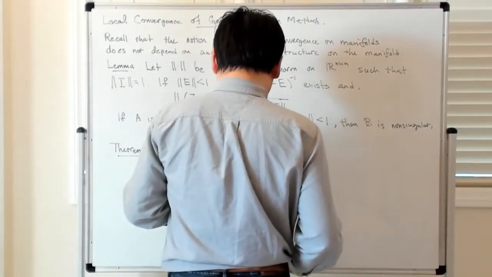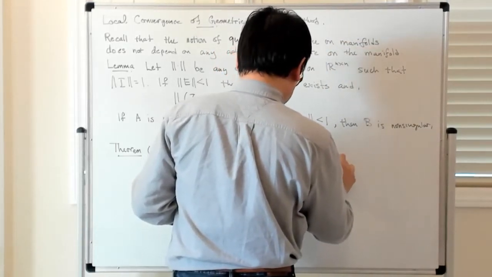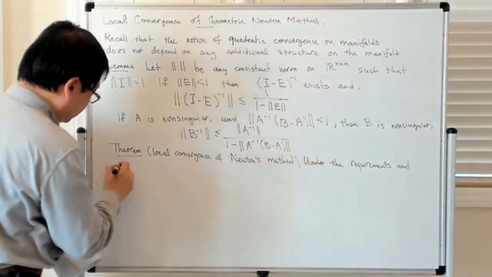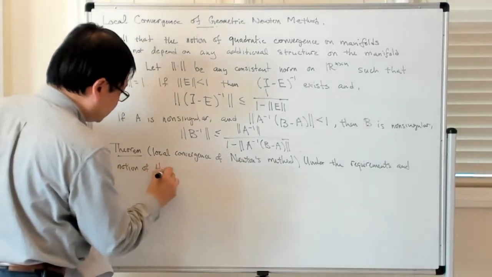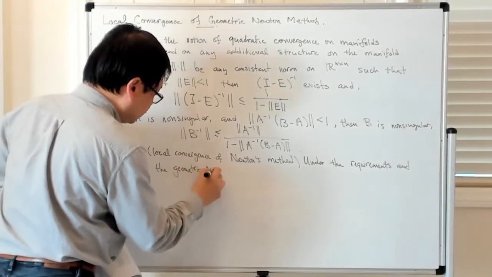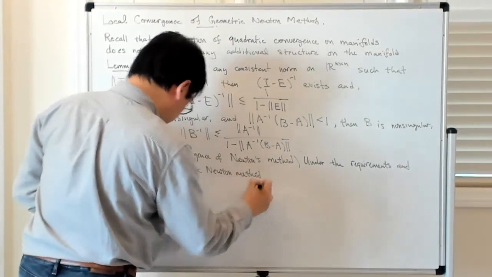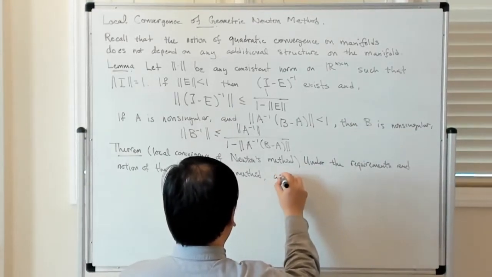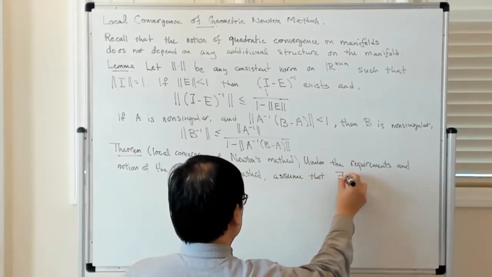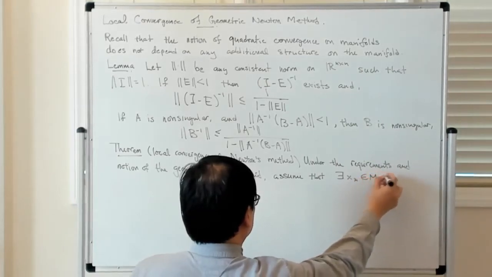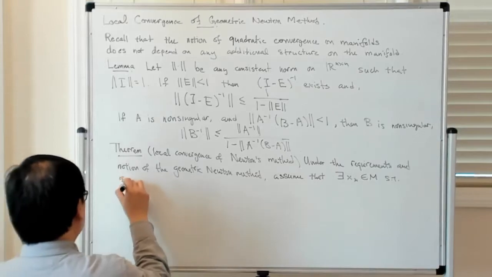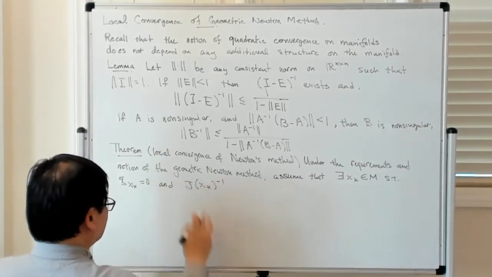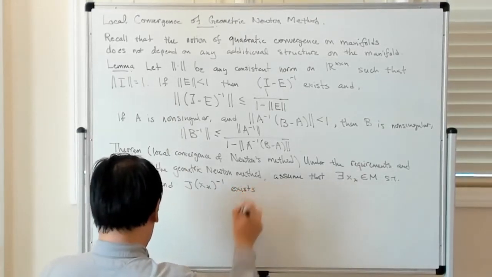Under the requirements and assumptions and notation of the geometric Newton method, we assume that there exists some x star on the manifold such that the vector field vanishes at x star, and the inverse of the Jacobian at x star exists.